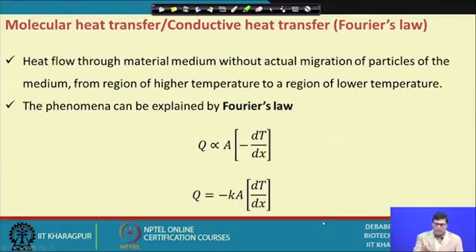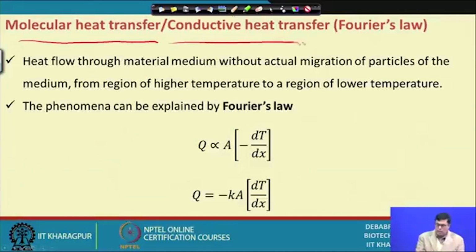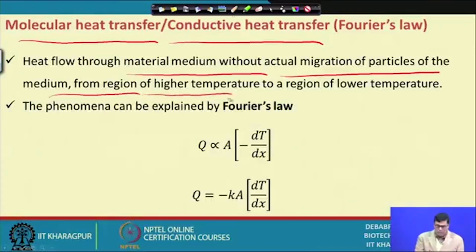Now the question comes: how do you do the analysis of this heat transfer? First is the molecular, or conductive, heat transfer. How can you express the heat flow through the material media without actual migration of the particles of the media, from the high temperature to the low temperature? This is how it takes place: Q equal to K into A into dT by dx. Am I right?